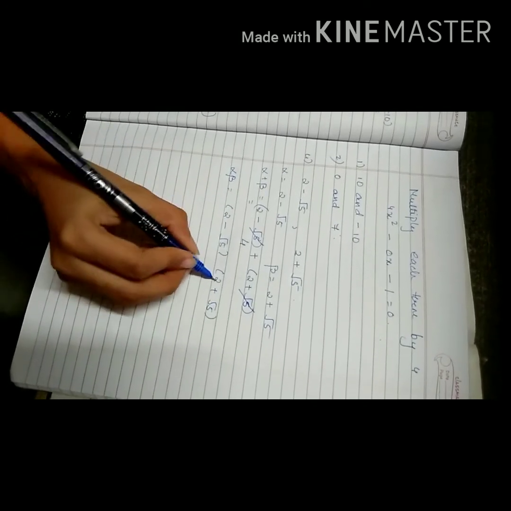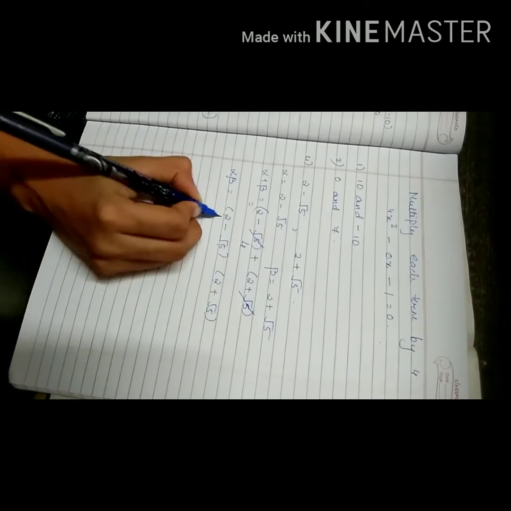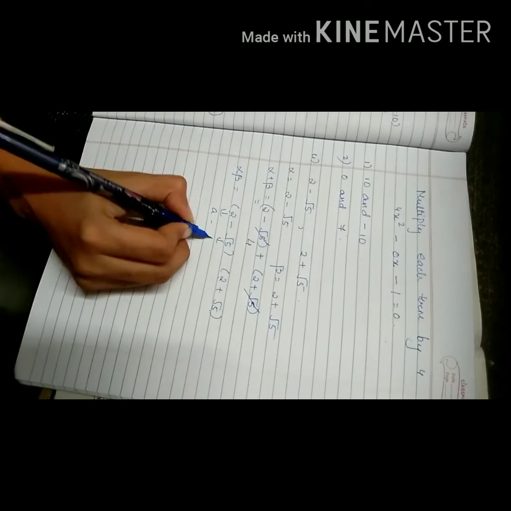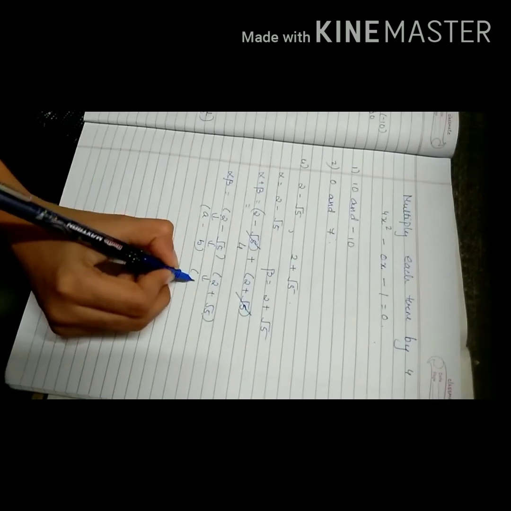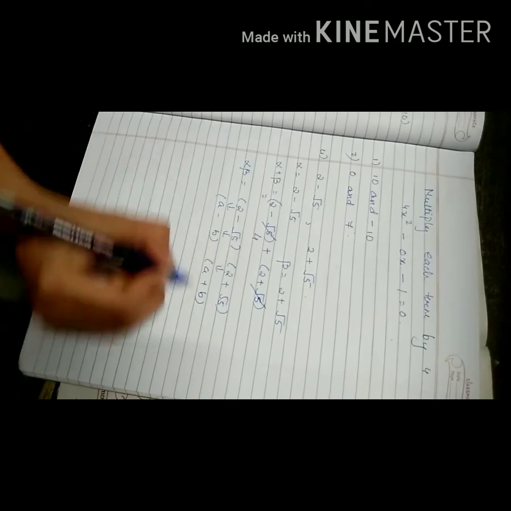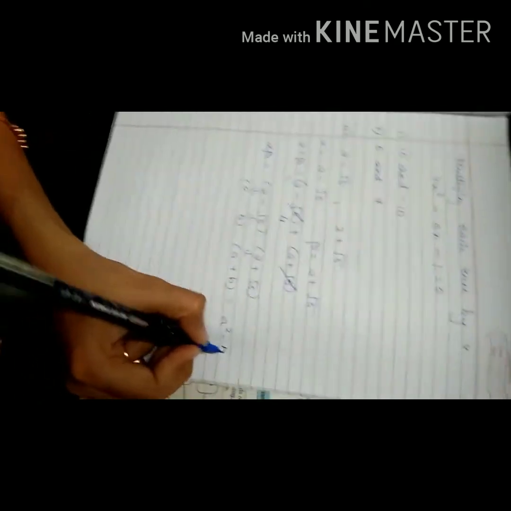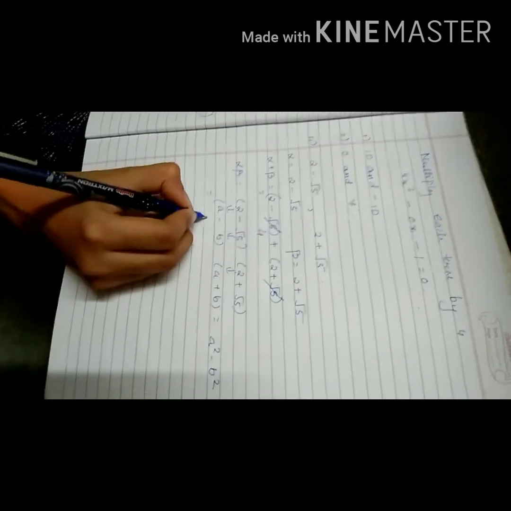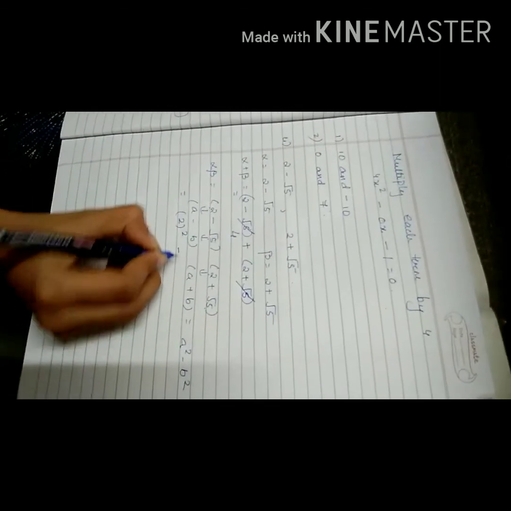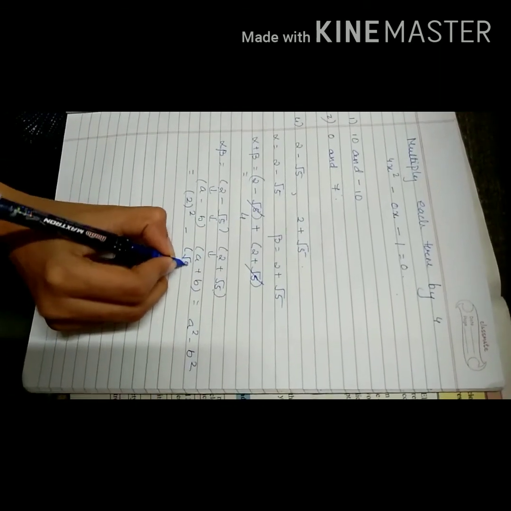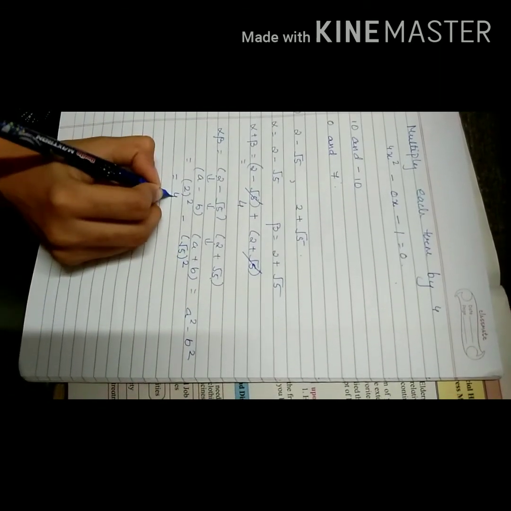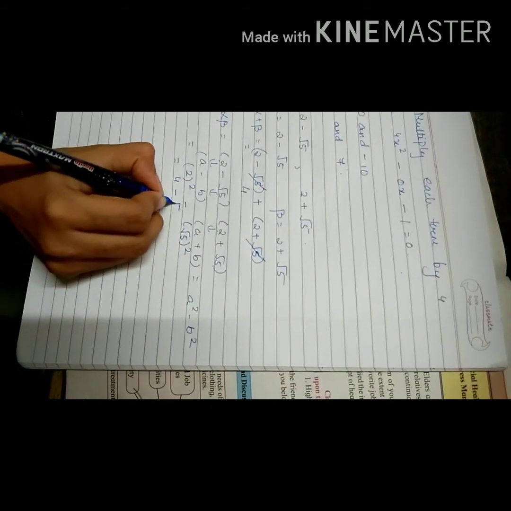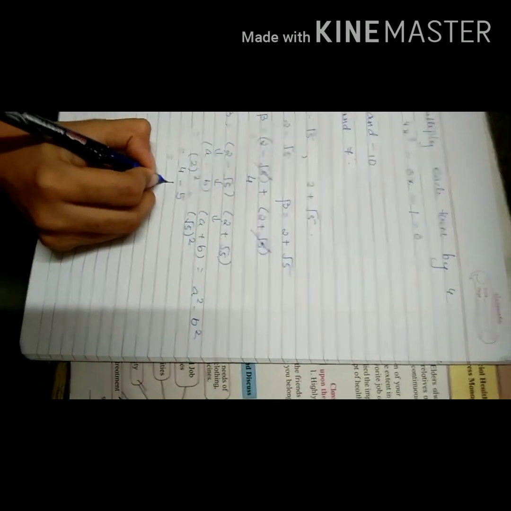Now a minus b, a plus b formula you will have to apply, that is a square minus b square. Now a term over here is 2, that is 2 square minus b term is root 5 the whole square. 2 square is 4. Root 5 into root 5 is 5. 4 minus 5, 1, greater number sign is minus.